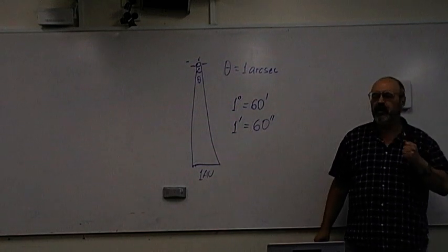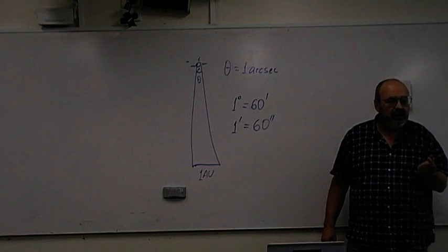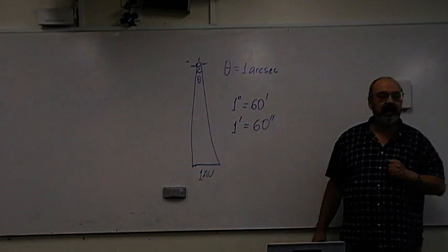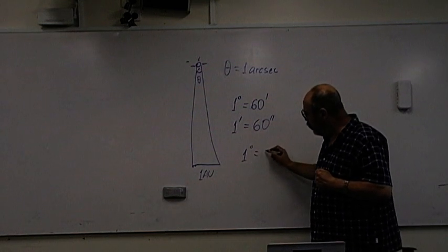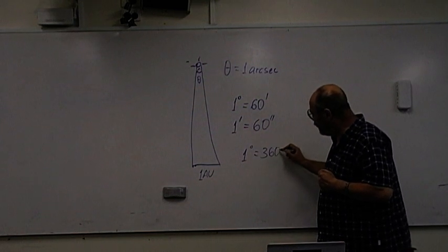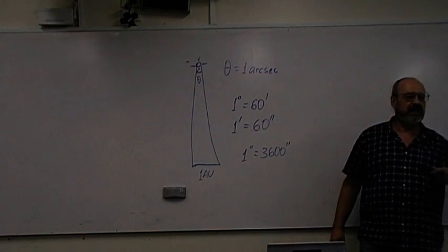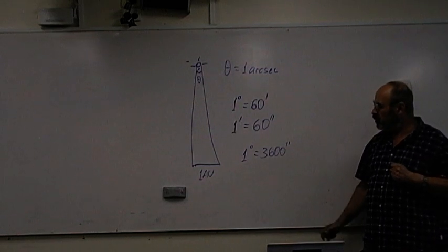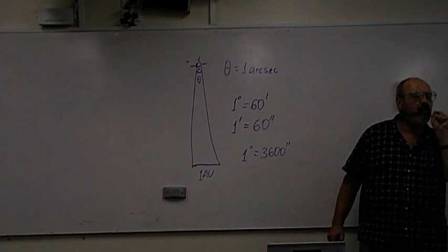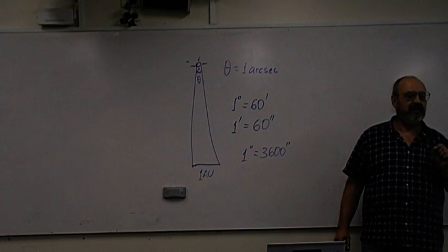Is 1 degree a big or small angle? It's pretty small angle. And 1 degree equals 3,600 arc seconds. In mathematics, often they call just seconds, in physics arc seconds. So it is a very, very tiny angle.